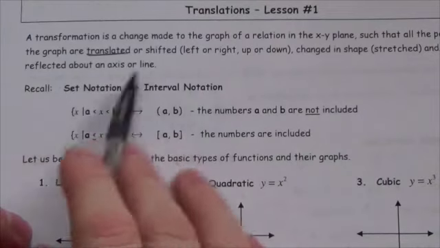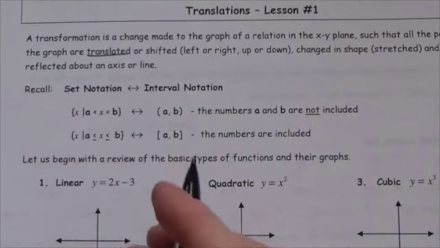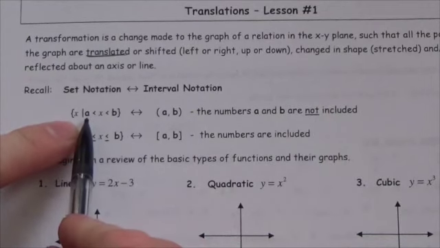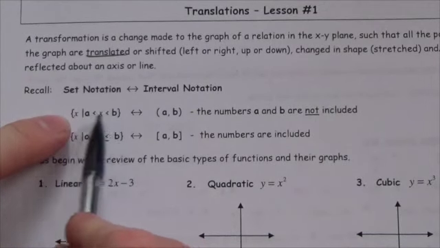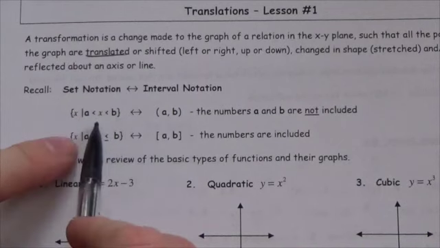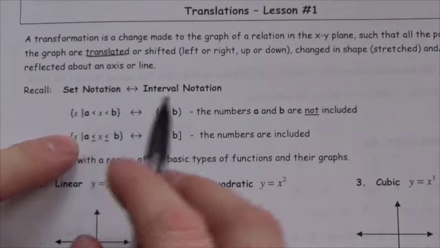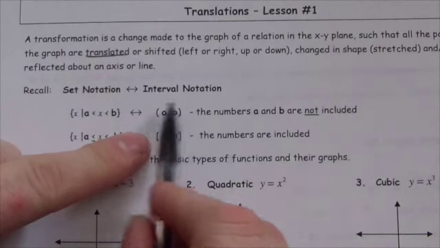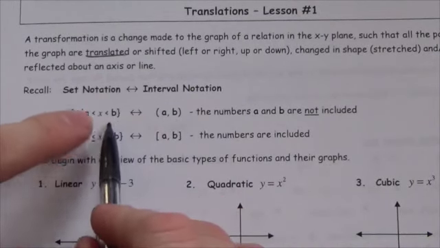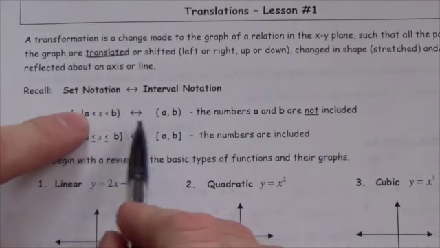Before we get too far into this, we want to make sure we've gone over the comparison between set notation and interval notation again. I know we've talked about this, but just to reiterate, if you've got this interval between a and b, where a is less than x is less than b, here's your set notation, the one we're probably mostly familiar with. Interval notation gets a little bit confusing, because we use parentheses when we are not including the endpoints.